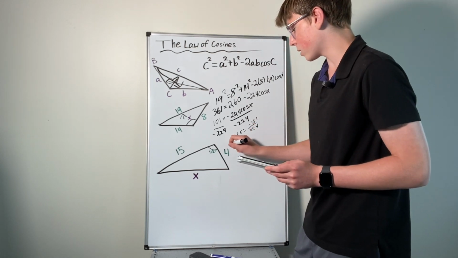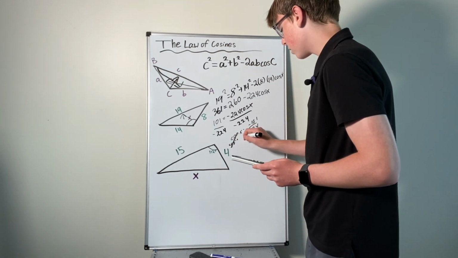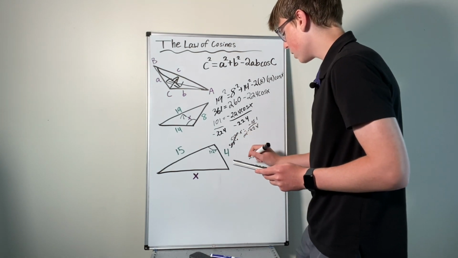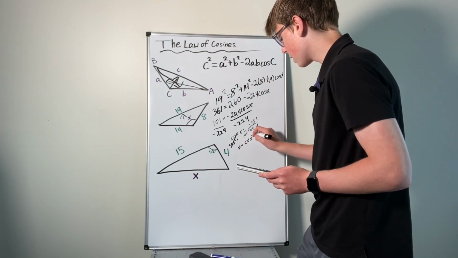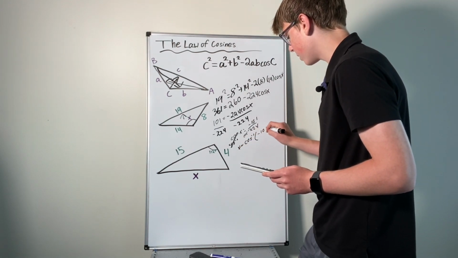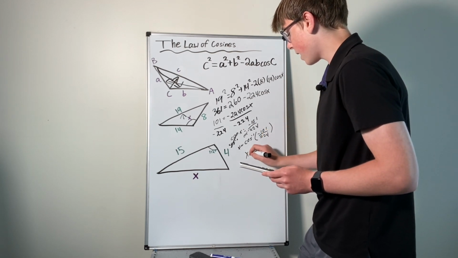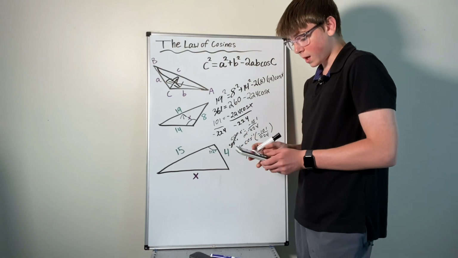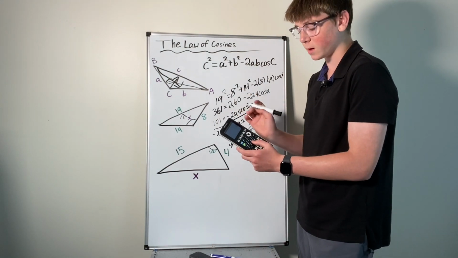Then we're going to do the inverse of cosine on both sides. It'll cancel there, like cosine inverse. So we'll get x equals cosine negative 1 of negative 101 over 224, right? That is a lot. So go to your calculator. Then you're going to go to the cosine button, but you're going to press second first.